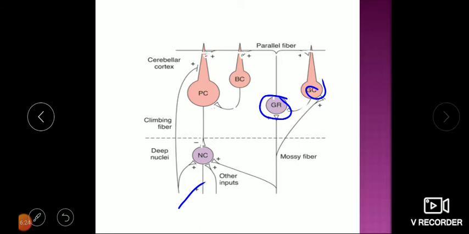So from this it is inhibitory in nature. Ultimately here also this is inhibitory in nature. I have shown it here. These are the mossy fibers, these are the climbing fibers which are excitatory afferents.